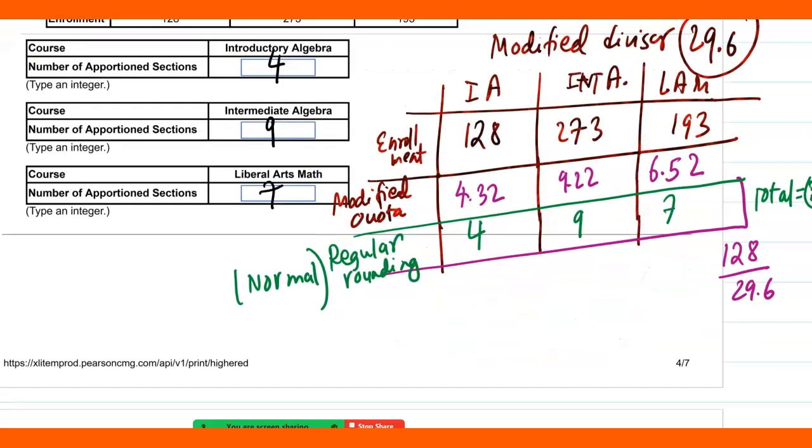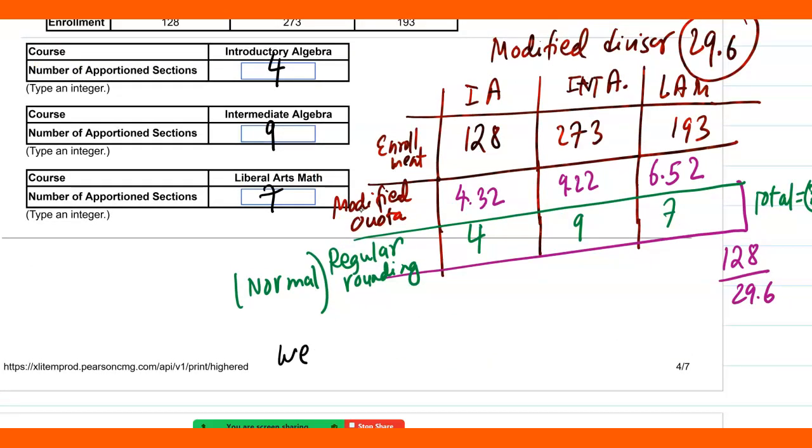Therefore, what do you understand here? In Webster, what kind of rounding do you do? Normal rounding.